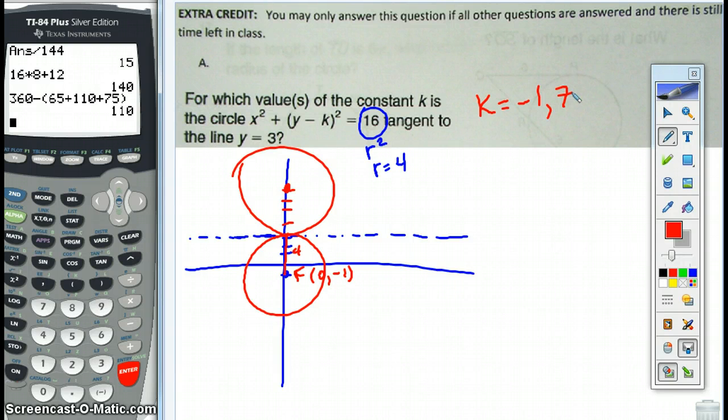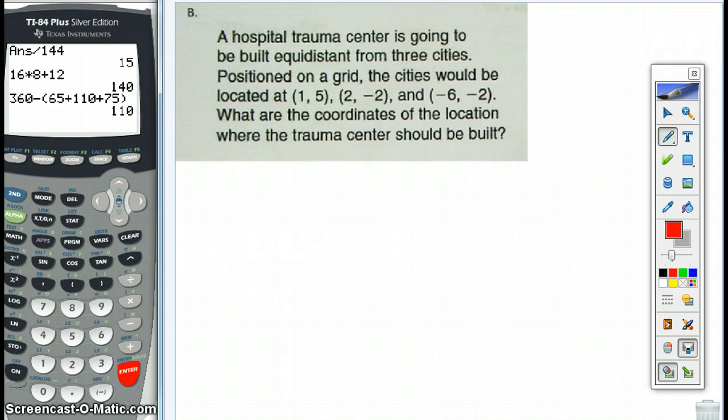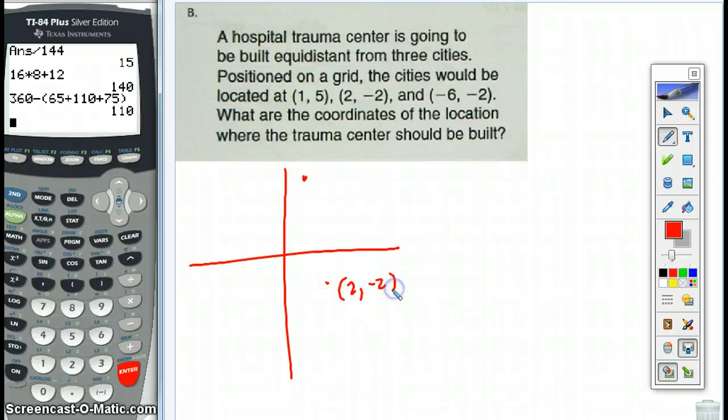All right, and wrapping this up quickly, that only lets me do 15 minutes. This one got longer. We're going to plot these points here quickly. And I get 1, 5, 2, -2, and -6, -2.